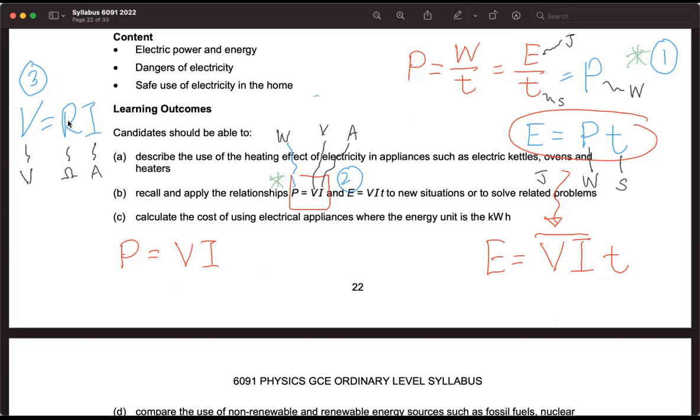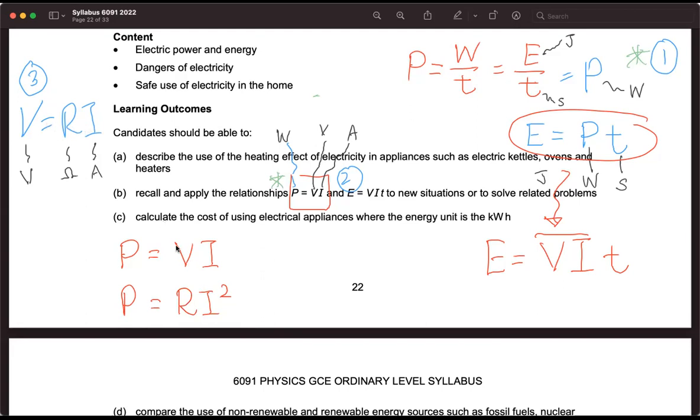V is equal to IR. If they don't give you the V, can I replace the V with IR? Then I will get a new formula, P is equal to I squared R, because V can be replaced by IR.